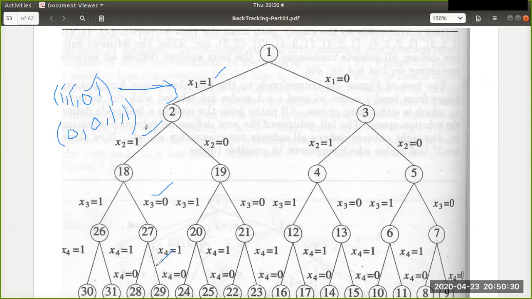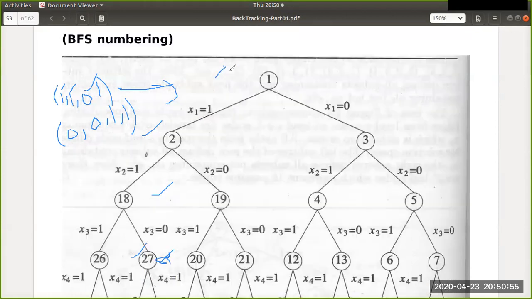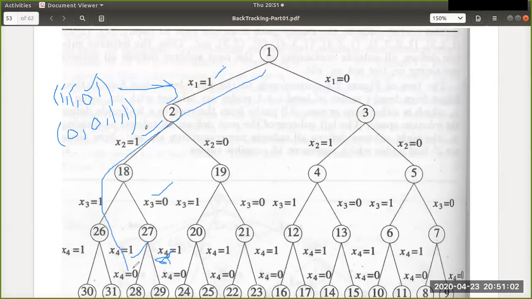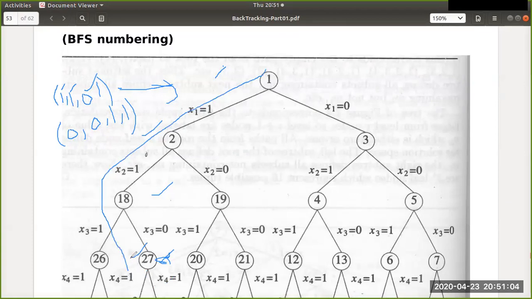Yes, sorry. So this is the fourth item weight. Sorry, this one, not this one. This is not. So finally the solution will be this one.